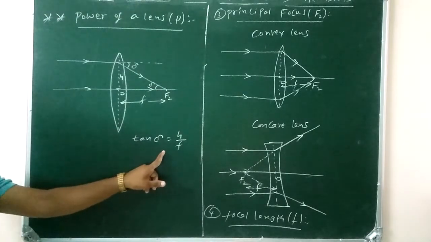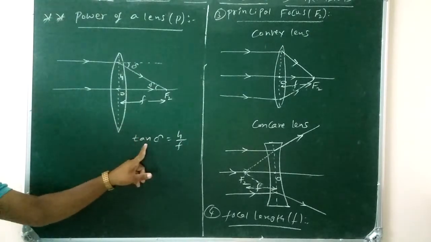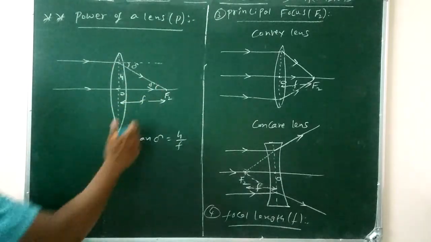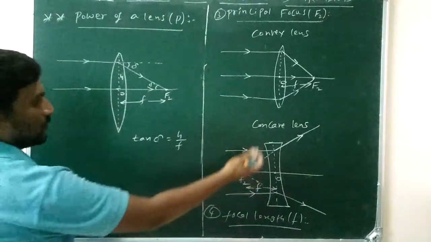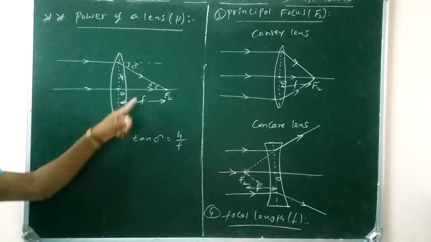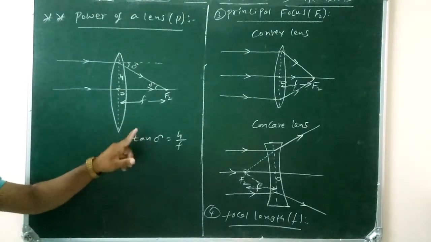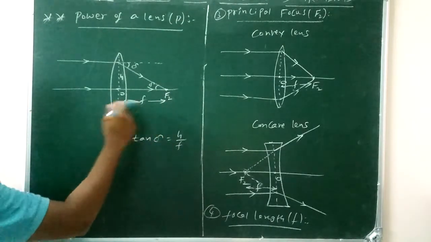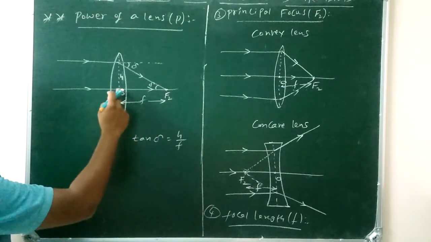The power of a lens can be defined as the tangent of the angle through which it converges or diverges, converges for a convex lens and diverges for a concave lens, from the optic center of the lens per unit distance from the optic center.